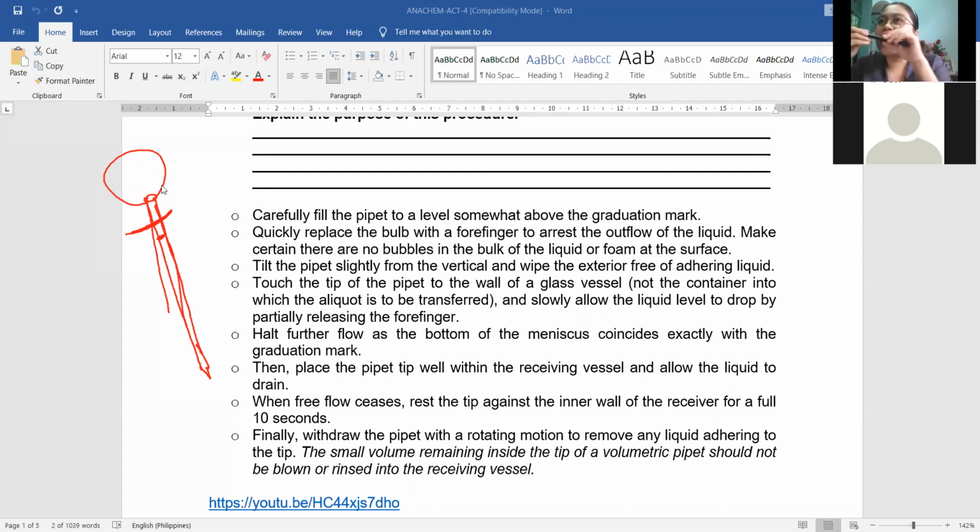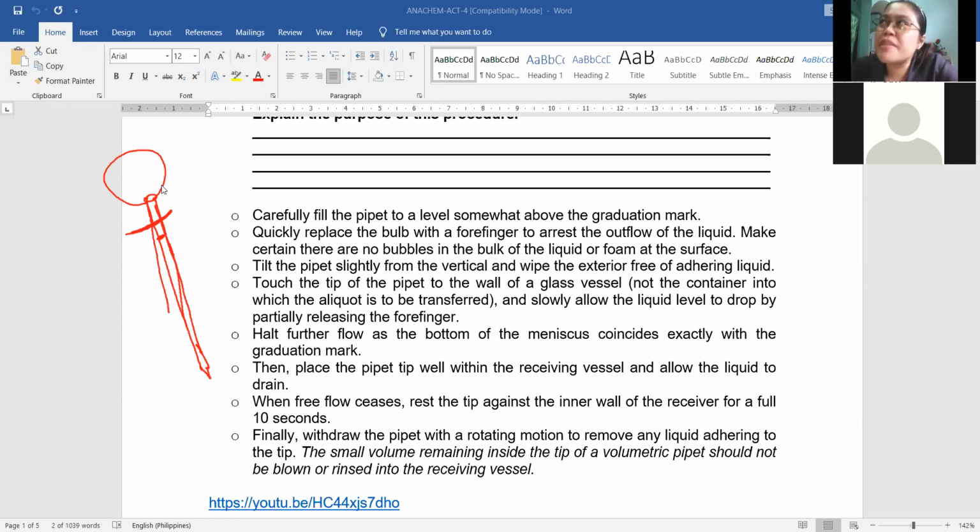Yung ginagamit nila, class, yung Chem wipes na pinupunas nila outside. Magkaiba kasi yun siya sa tissue. Ang ordinary tissue kasi merong mga particles, parang hairy or thread-like particles yung tissue paper na mag-a-adhere sa surface ng ating glasswares.